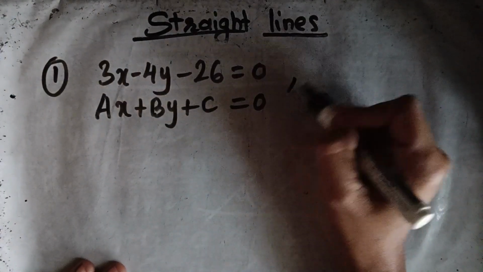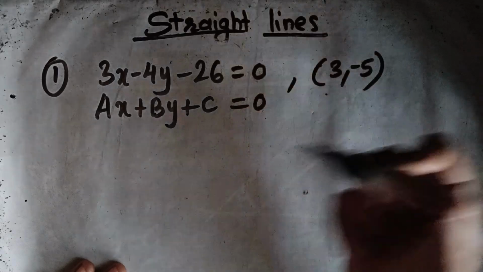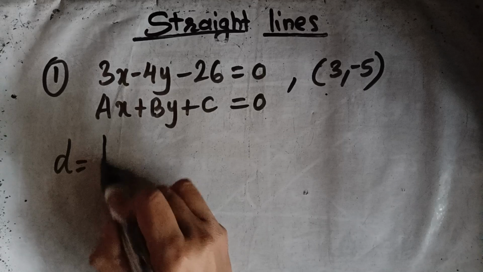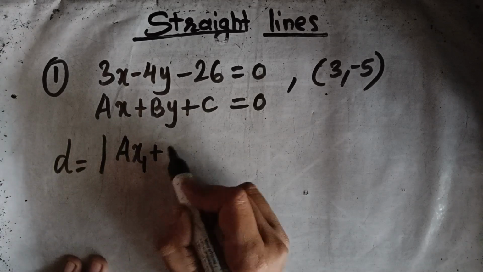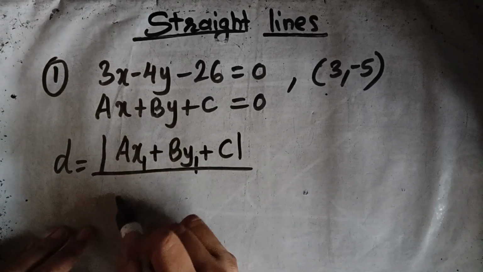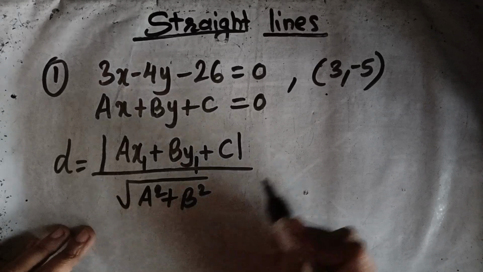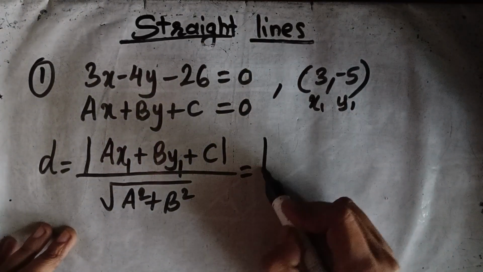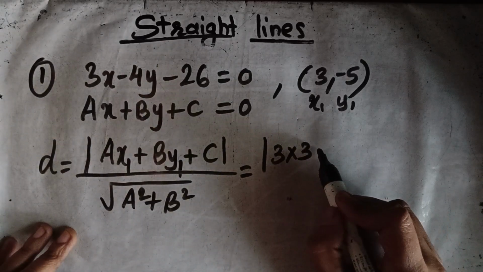The point is 3, minus 5. So you have to find the distance. Distance is given by ax1 plus by1 plus c upon root of a square plus b square. So this is your x1, y1. A is 3, so 3 into 3.